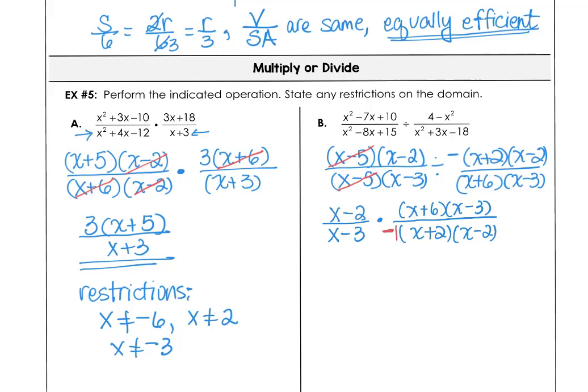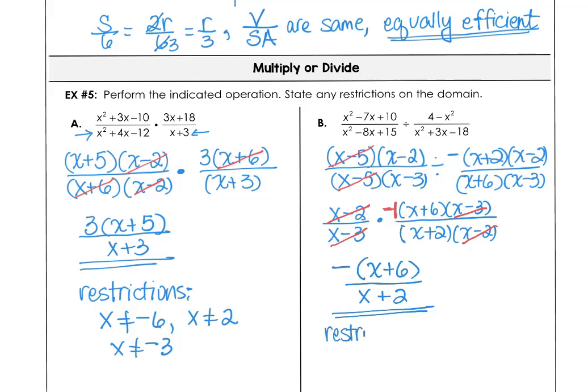So you can put the negative 1 in the denominator, or if it helps you keep track of it, you can also put that negative 1 in the numerator. I prefer the numerator. We can eliminate the x minus 2 here, as well as the x minus 3. That leaves us with a negative times the quantity x plus 6 divided by x plus 2. So this is my simplified form, and we want the restrictions, but remember where the restrictions are coming from.